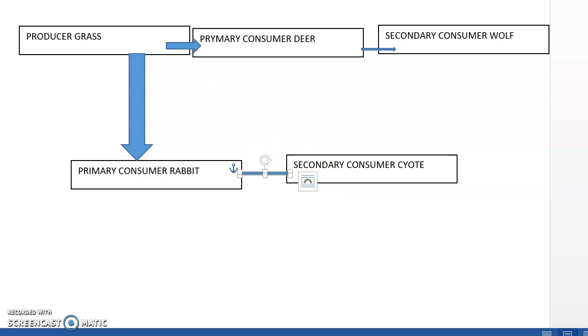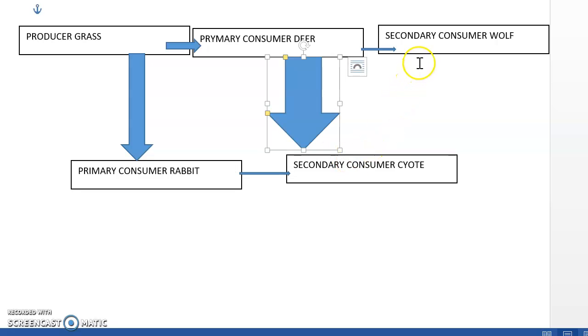Your deer here would also get eaten by this coyote. And your wolf.